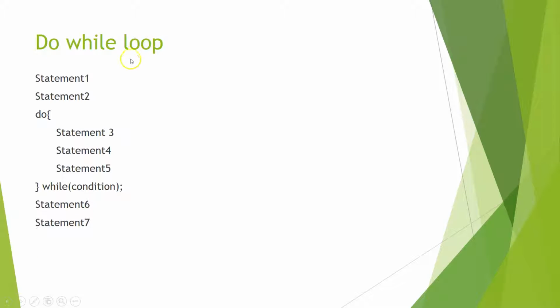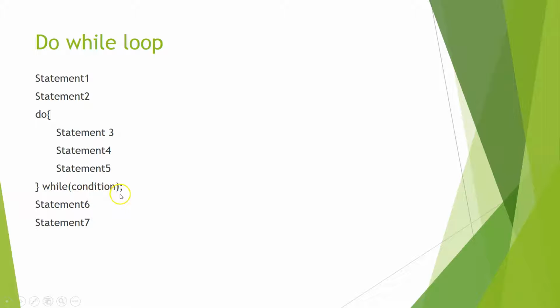Do while loop. A do while loop is created as we see. At the beginning of the loop, we type the keyword do and then open curly brackets, and after the closing curly bracket we type the keyword while and open parentheses, and between those parentheses we have the checking condition.